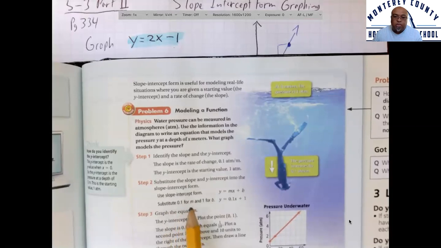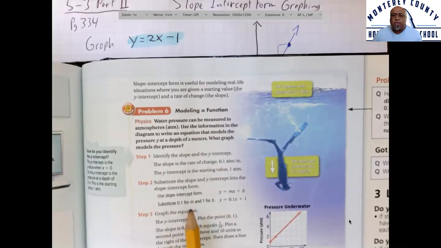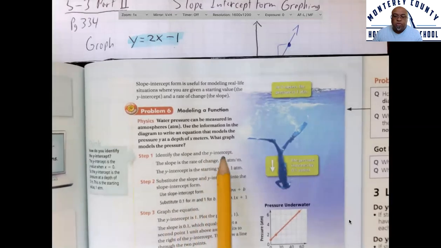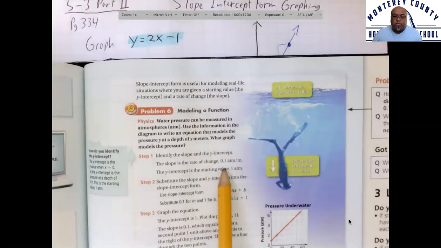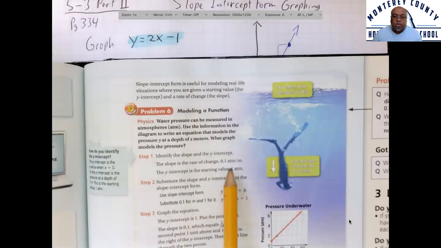Now, one of the interesting things here is, remember in a previous lesson, I forget if it was 5.3 or 5.1, it talked about slope and compared it to rate of change. So 0.1 atms per meter is actually the rate of change.